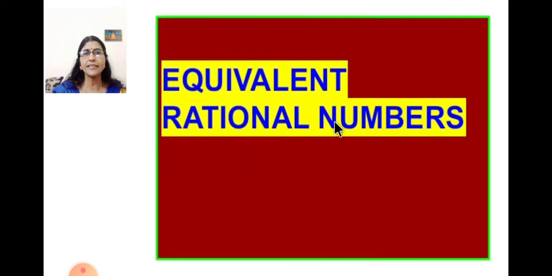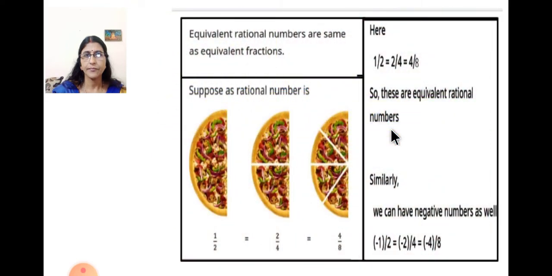Now next we will understand equivalent rational numbers. Equivalent rational numbers are the same as equivalent fractions. We have learned in lesson number 2, Fractions, what equivalent fractions are. So similarly, equivalent rational numbers are also the same as equivalent fractions. Here you see this example. The whole pizza is divided into two parts, so this is half of it, 1 upon 2.